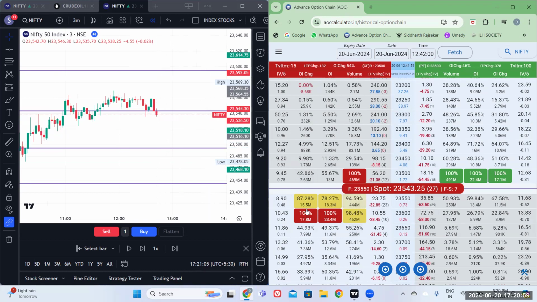Now, has it shifted? Is the weakness here? No. The reason is that these two are 100% and this is 98%. And this is 100%, 94%. So weak towards bottom, if it has to be there, then it should come somewhere below 23,500 as per the theory, which I respect, I really admire.